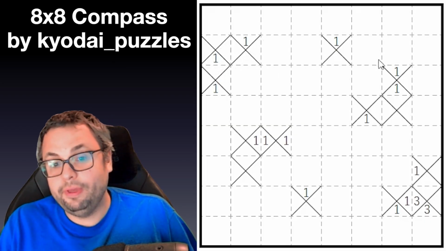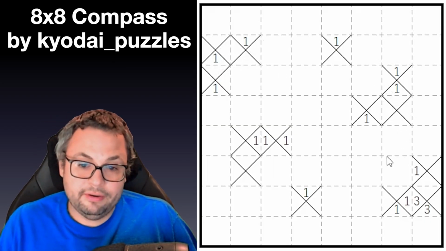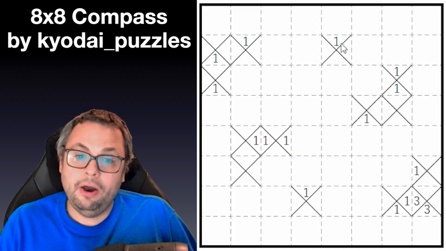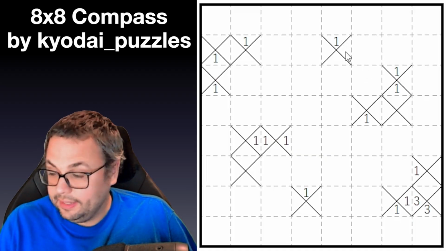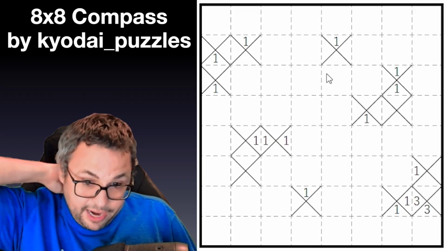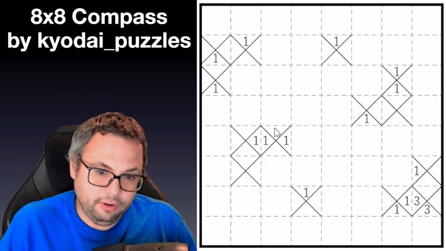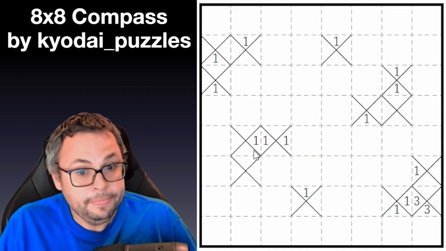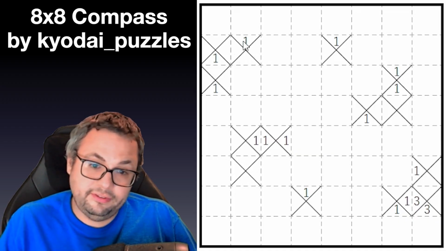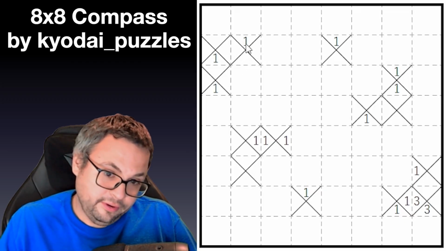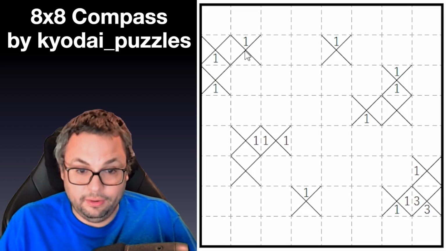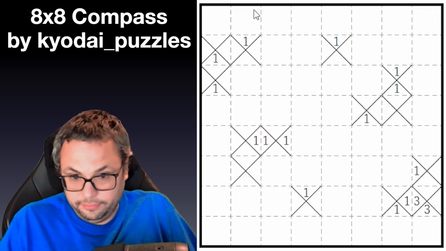And the compass within that region tells you some information about the region. Namely, it tells you how many cells in the region live in a particular direction. Or maybe it tells you nothing at all. If this is the compass in your region, heaven help you, it tells you nothing. But what this is saying is that this compass tells me that its region contains exactly one cell north of the compass.